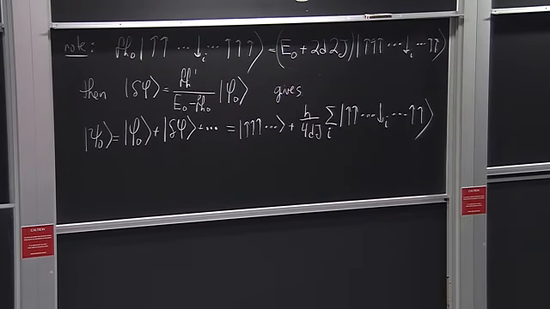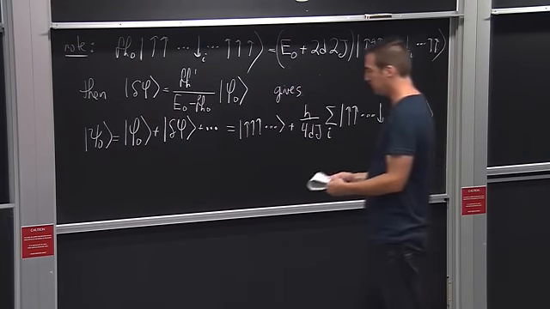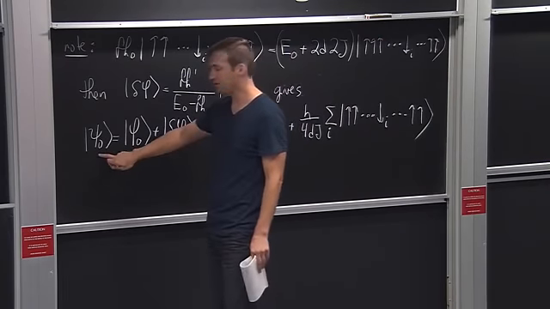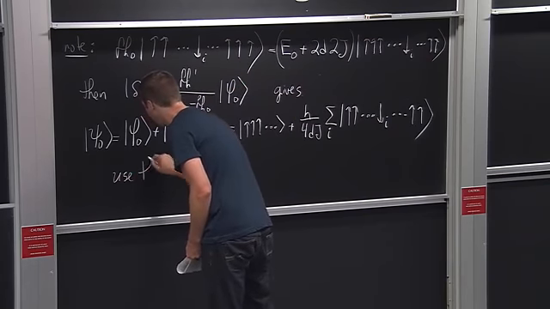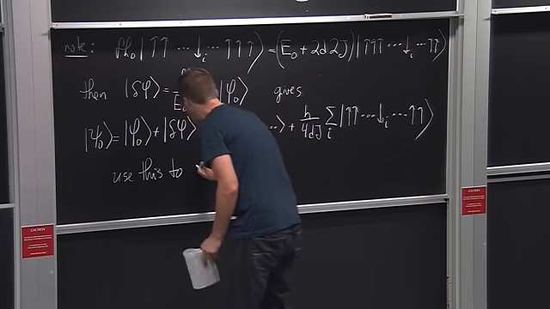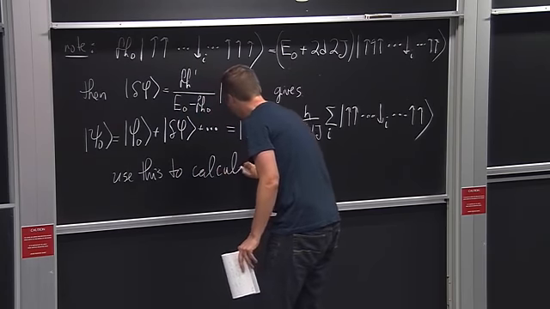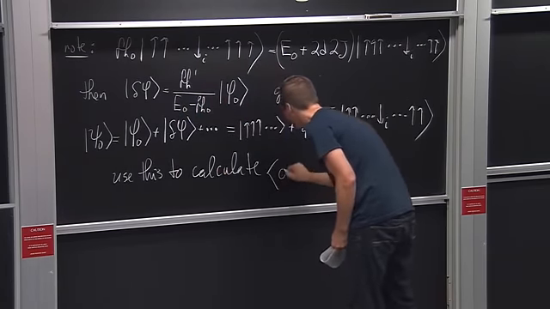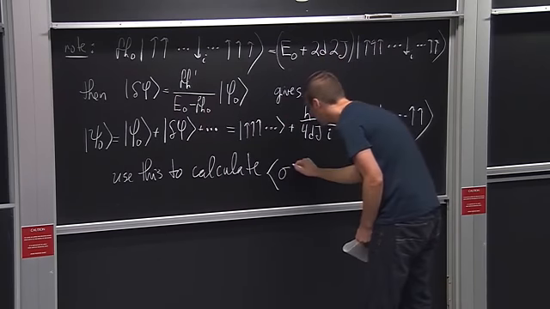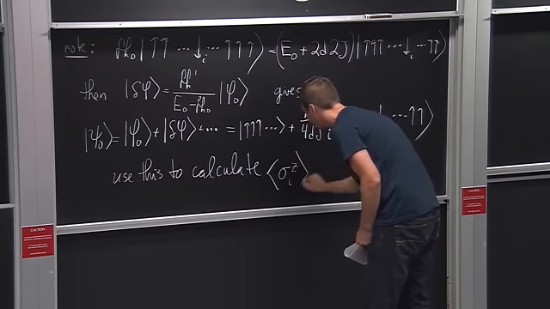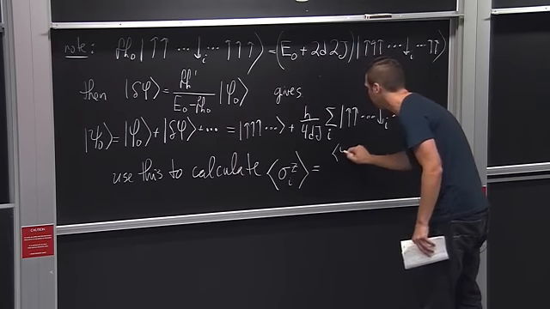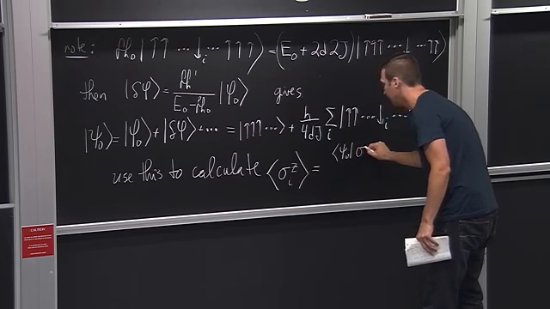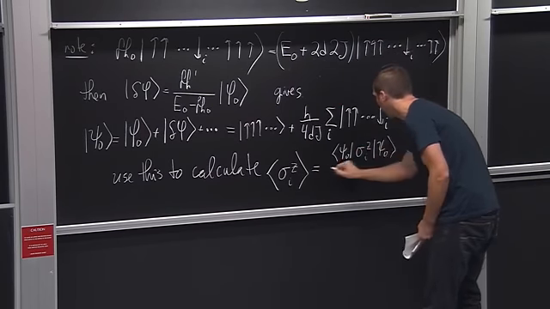What we're trying to do is calculate the expectation value of sigma z using this. So it's an operator, so it's sigma zi. And the way I use that is to psi naught sigma zi, to sandwich it in here.